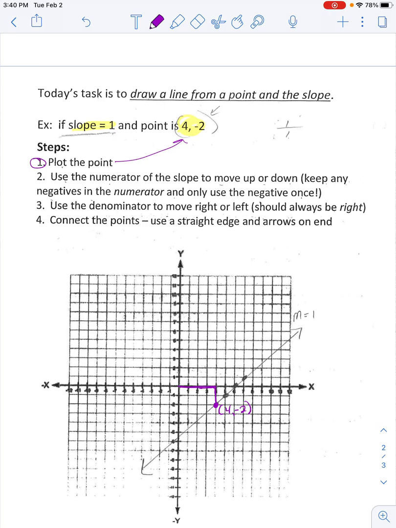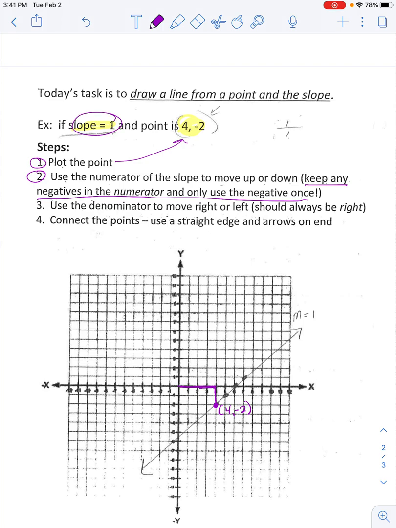Now this is where the new part comes in. Step 2: we're going to use the numerator of the slope to move up or down. Keep any negatives in the numerator and only use the negative once. We don't have a negative right now.